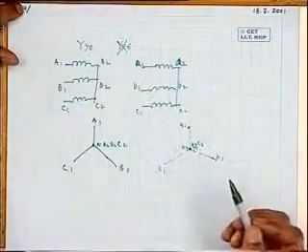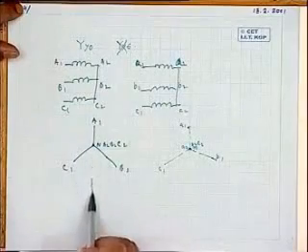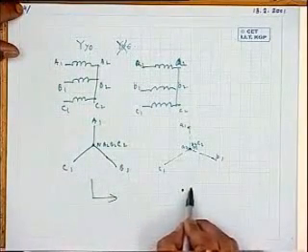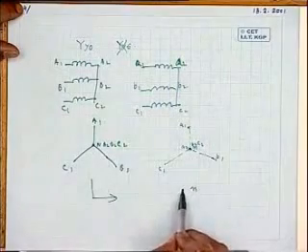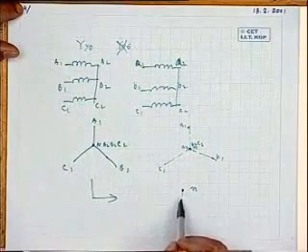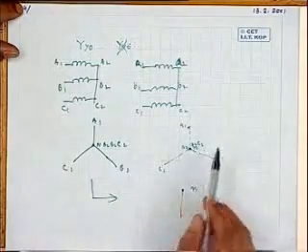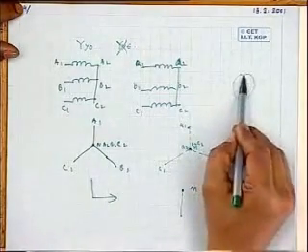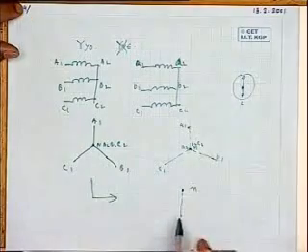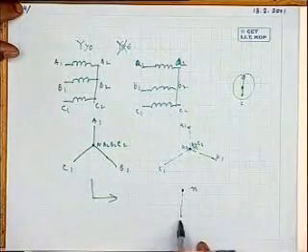How will you get YY6 connection? A1, B1, C1 should be shorted. And if I go by this procedure, I will arrive at the same result. Suppose this is my neutral on the secondary side. So A phase voltage should be 180 degrees out of phase. It is 6, that is our end is at 6. So primary voltage here, secondary voltage should be there, 6.